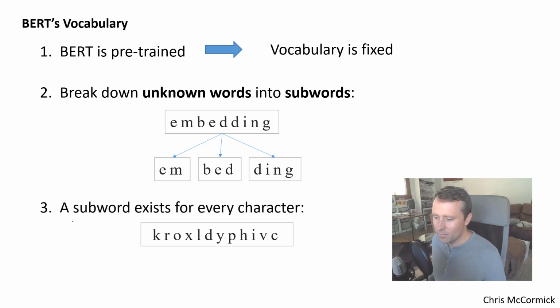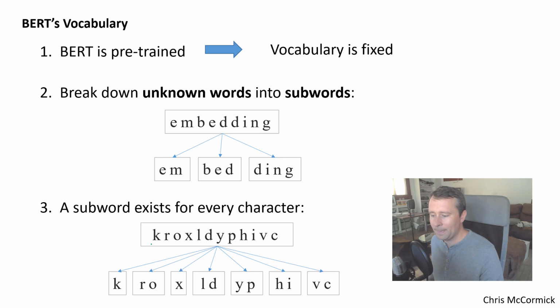Anyway, what BERT will do is that it has a subword for every character in the alphabet. So to represent croxoldifivic, it does have some 2-letter tokens that it can use to construct this word, but it also resorted to some individual character tokens in order to break it down.